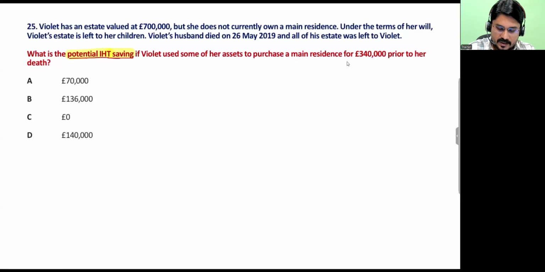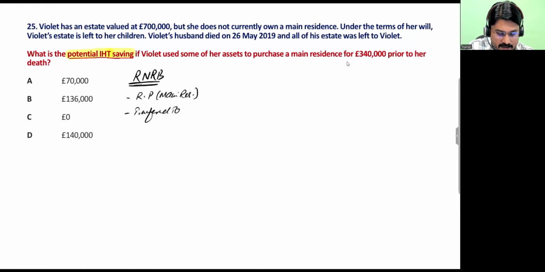If we talk about the availability of the residential nil rate band, what are the preconditions? There must be a residential property, meaning the main residence. It is transferred to direct descendants. A direct descendant could be children or grandchildren.